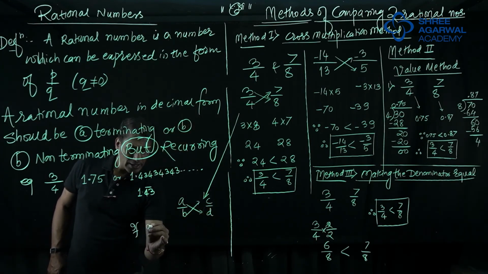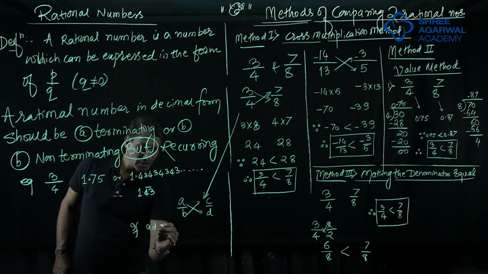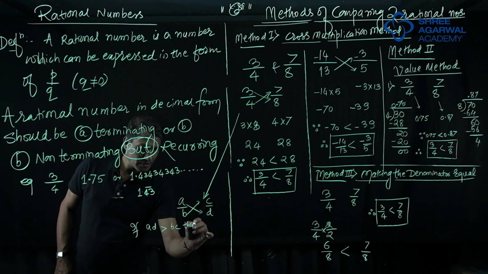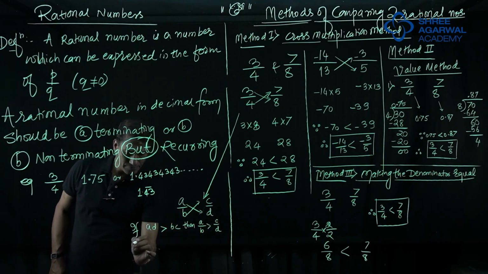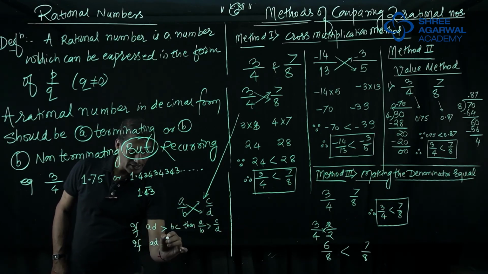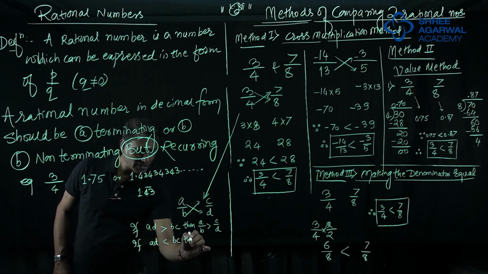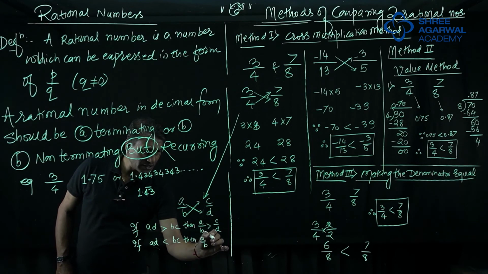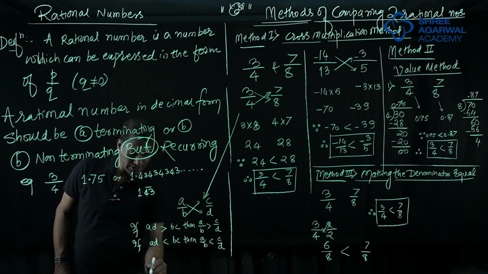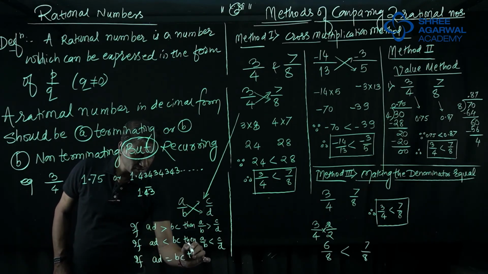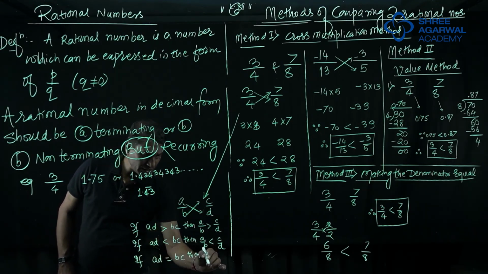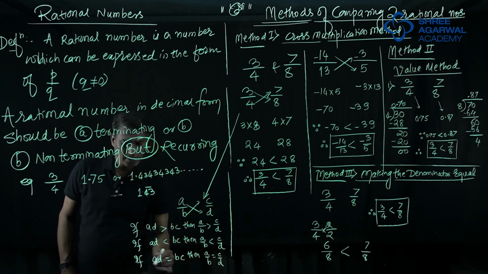If AD is greater than BC, then A upon B is greater than C upon D. If AD is smaller than BC, then A upon B is smaller than C upon D. And the last one is, if AD is equal to BC, then A upon B is equal to C upon D. This is the law, this is the rule.